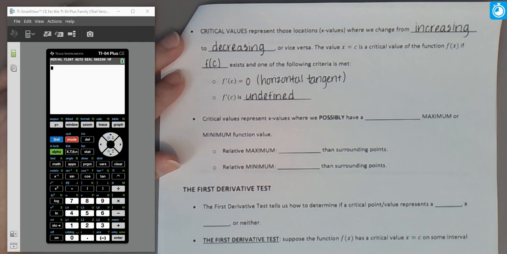So increasing, decreasing, horizontal tangent line is the transition between the two, or maybe a location where we don't have a unique tangent line. How does that relate to maximization and minimization, which was the context for all of this discussion?